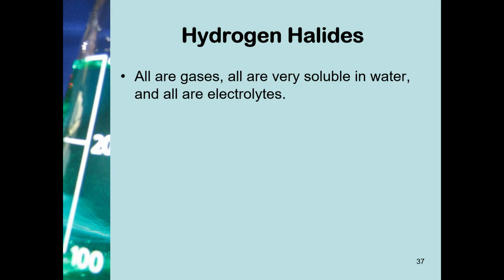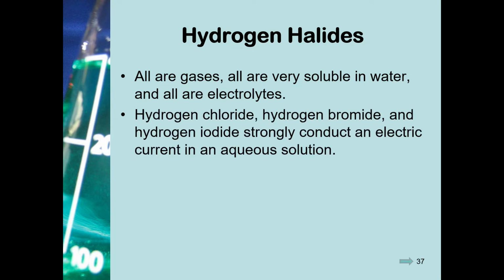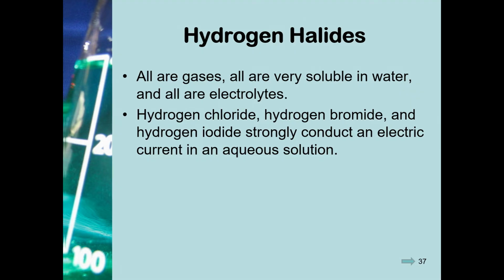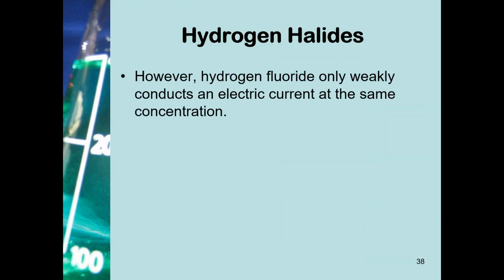So hydrogen fluoride, hydrogen chloride, hydrogen bromide, and hydrogen iodide are all gases. And when you dissolve them in water, they're very soluble, and they're all electrolytes. Hydrogen chloride, hydrogen bromide, and hydrogen iodide strongly conduct an electric current when you dissolve them in water. However, hydrogen fluoride is kind of an exception here.